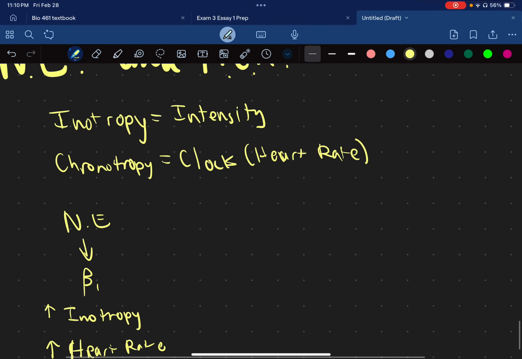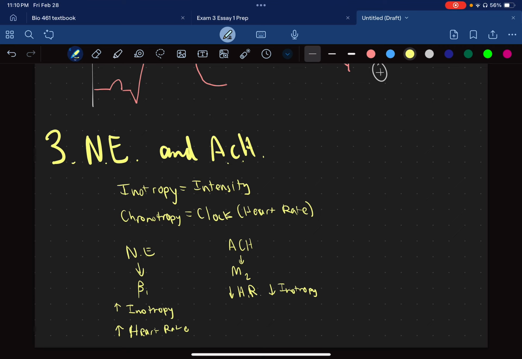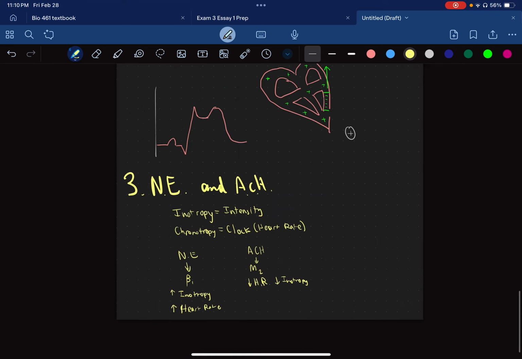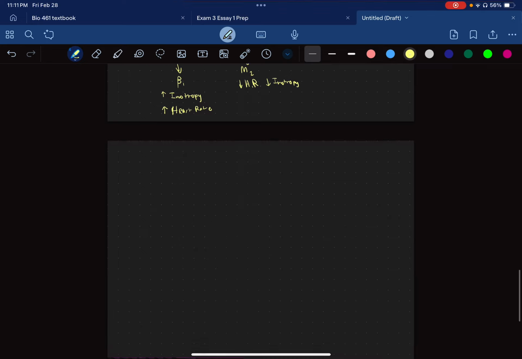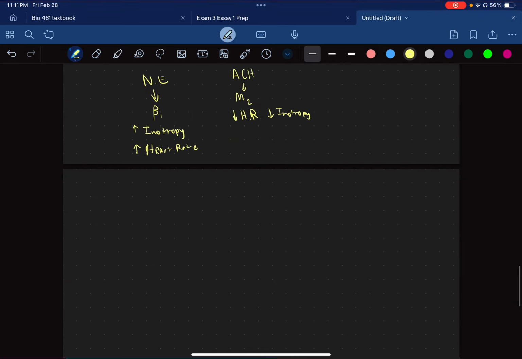But if we have acetylcholine, which binds to muscarinic receptors, it's going to bind to the M2 muscarinic receptors. This is going to decrease heart rate and decrease inotropy. So just a couple ways that the body is able to regulate the heart rate just using norepinephrine and acetylcholine.